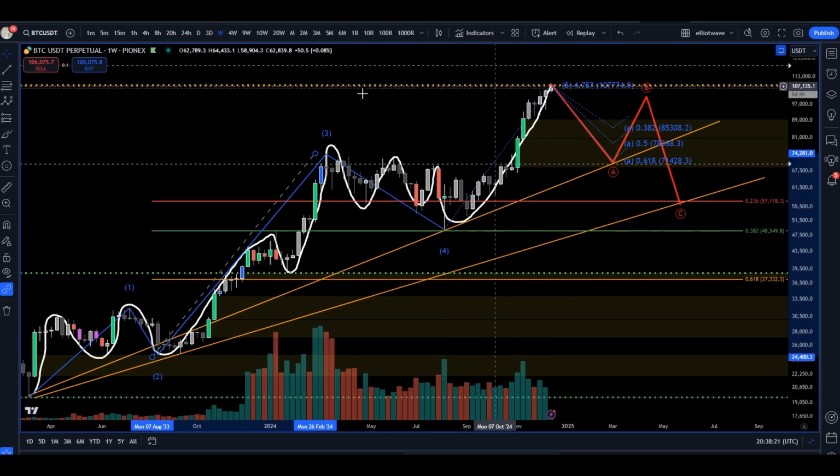Enter during Wave 2 pullbacks or Wave 4 pullbacks to catch the next Wave 5 up. This strategy allows traders to maximize their profits by entering the market at optimal points. By mastering these wave patterns and Fibonacci relationships, traders can align with market trends and improve entry and exit timings.